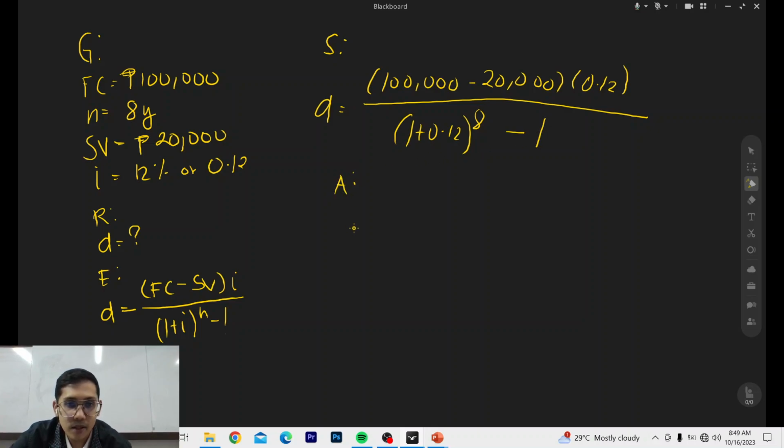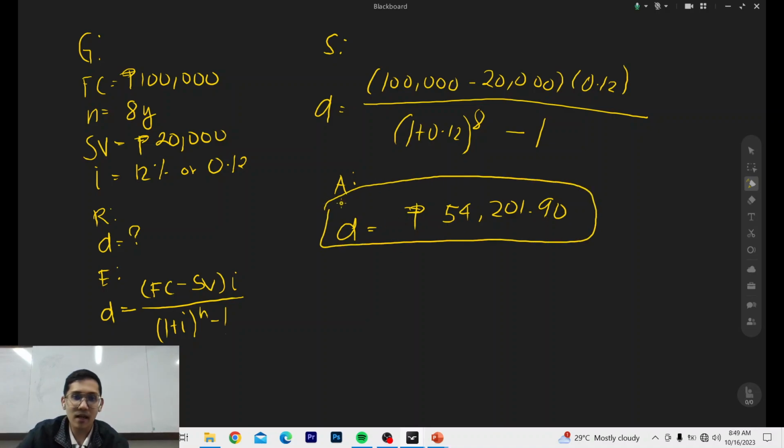So answer, D is equal to 54,201.90 pesos. So, madali lang naman siya. So, pag alam niyo yung formula, you can solve this problem. So, you have the givens, you have the required, and if you know the formula or our equation, then substitute nyo lang sa solution natin, we will get the answer. So, ganyan lang naman siya kasi.